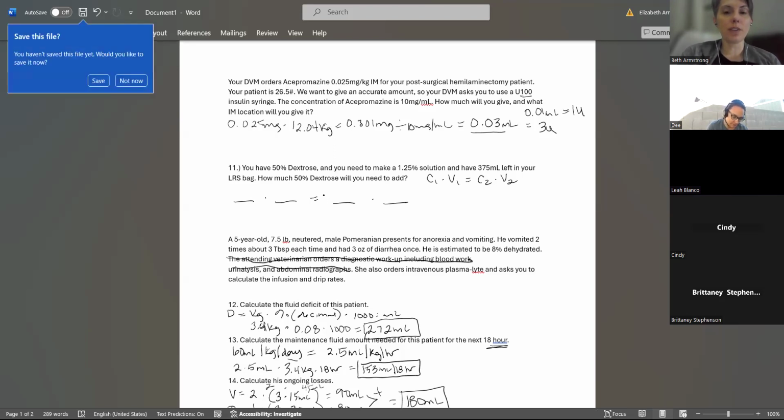Remember that C1 and V1 are the OGs, the original concentration, the original packaged goods that we're going to use. And then the C2 times V2 is the new solution we're making.